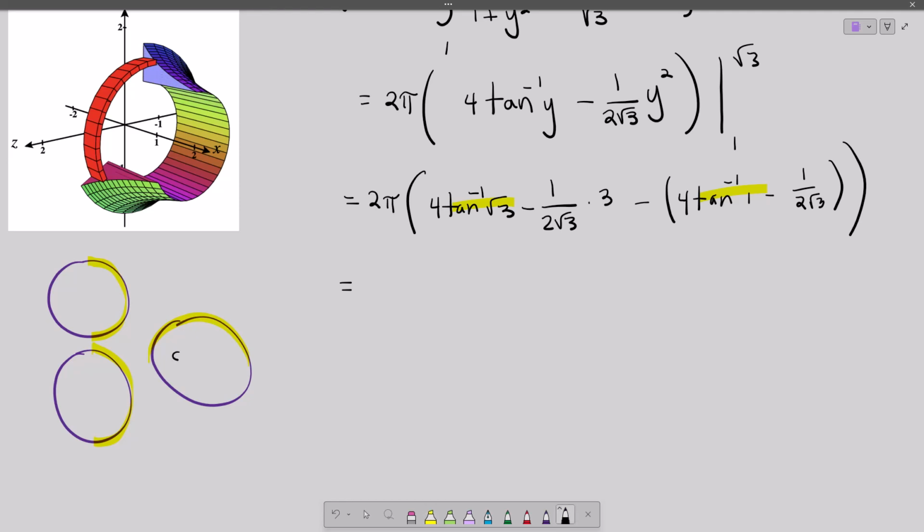So you need to know where your inverse trig functions live. So when you see this, you say to yourself, angle on the right that has a tangent value of root 3. That's what that says.